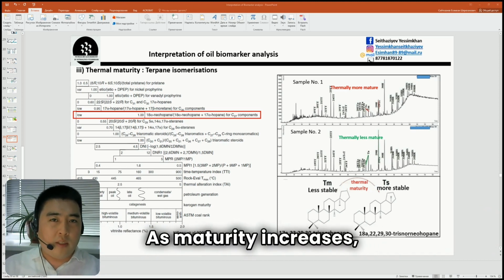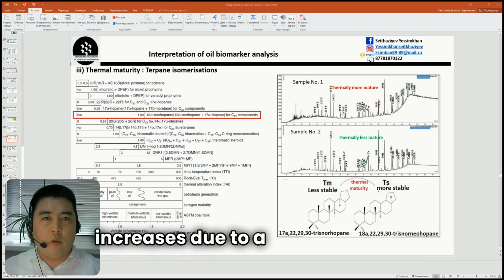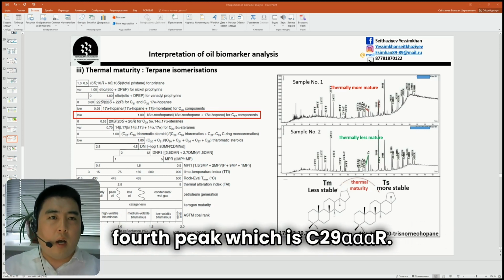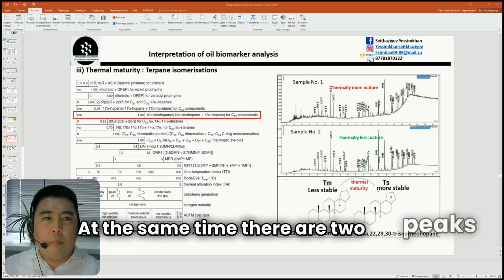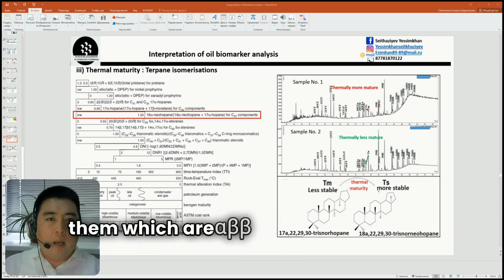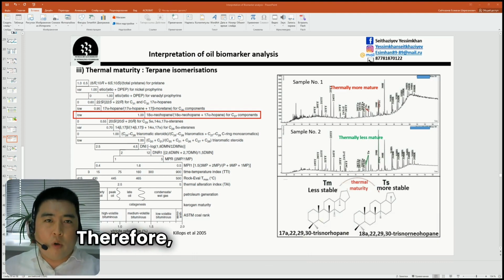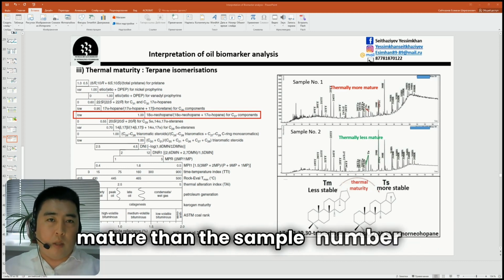As maturity increases, the first peak, which is C29 alpha alpha alpha S, increases due to a decrease in the fourth peak, which is C29 alpha alpha alpha R. At the same time, there are two peaks between them, which are alpha beta beta, that increase with maturity. Therefore, the second sample is more mature than sample number one.